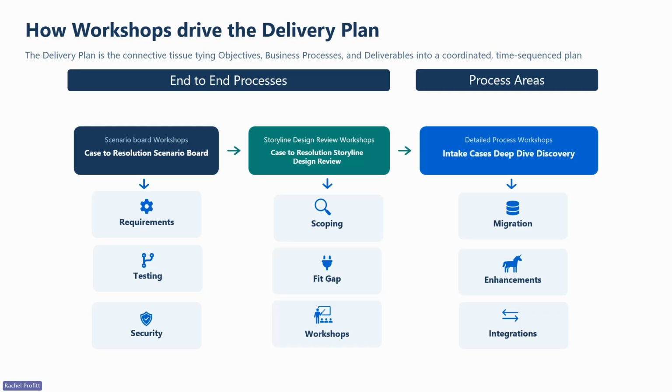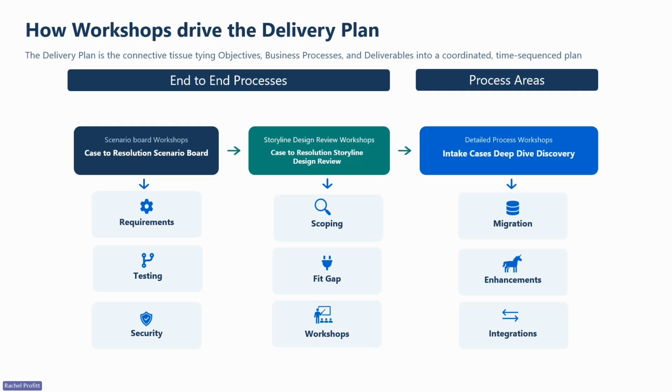Then you execute on what we refer to as a storyline design review workshop. These are still pretty high level, but they're more focused. The basic idea is that after your scenario board, you go prepare and execute a demo of how the system works out of the box, so that you can do a fit to standard kind of demo and show it to the customer pretty quickly and have a discussion about why this doesn't work for you.